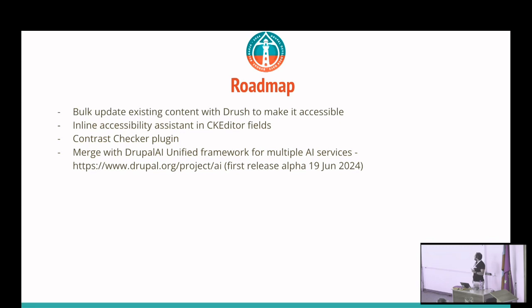Also an inline accessibility assistant that can give you inline help, maybe on the CKEditor fields. A contrast checker, and merging or supporting Drupal AI, the module that was in the previous session, because there is a unified framework and solution for AI in Drupal, and so you can also change the service and not use only OpenAI.